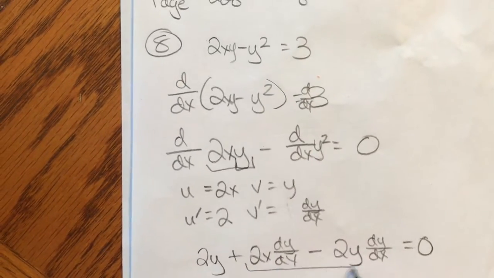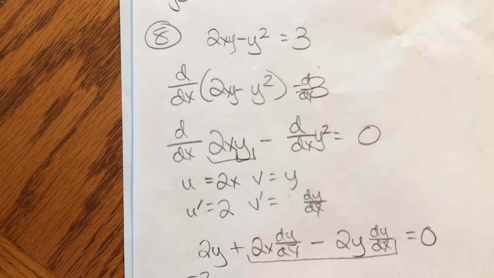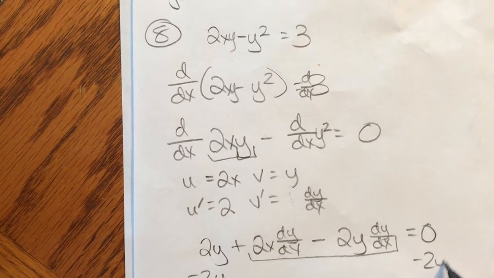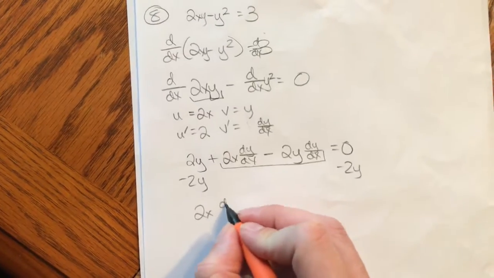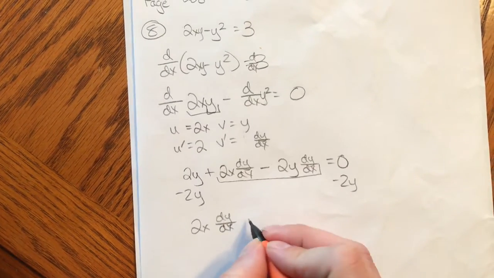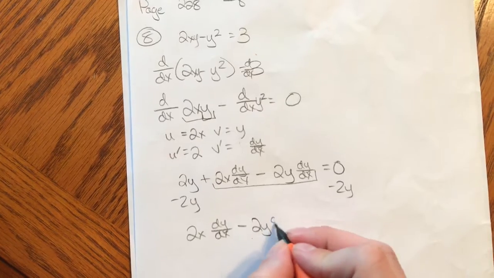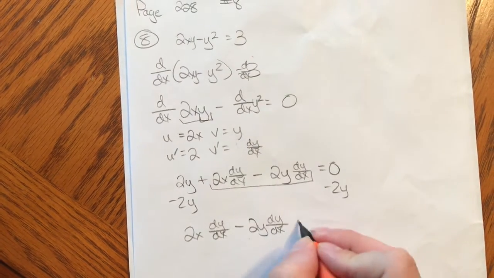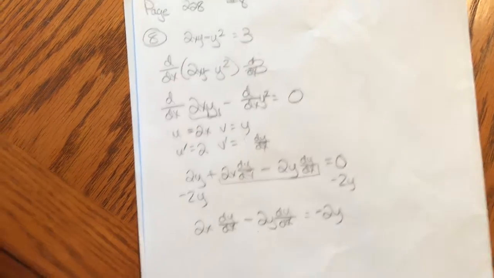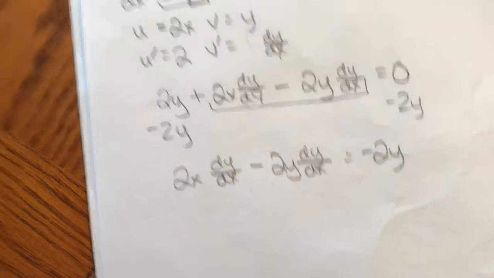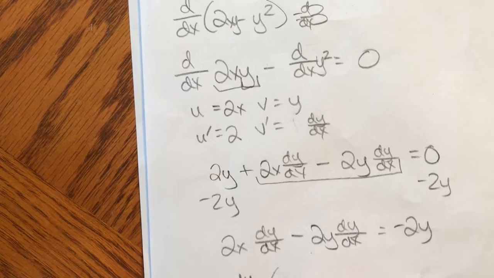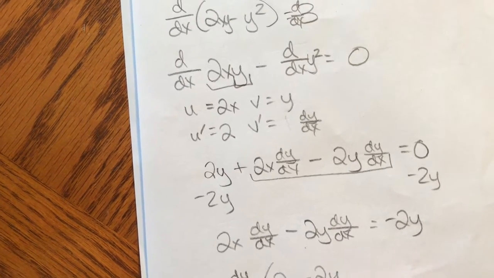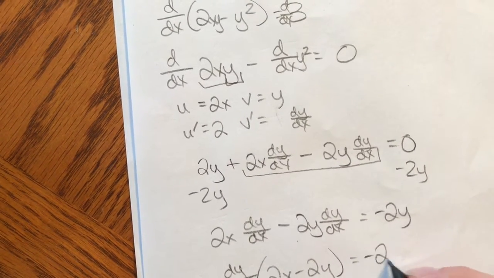If I subtract 2y from both sides, I get 2x dy/dx minus 2y dy/dx equals negative 2y. Factor out the dy/dx, and that leaves me with 2x minus 2y.